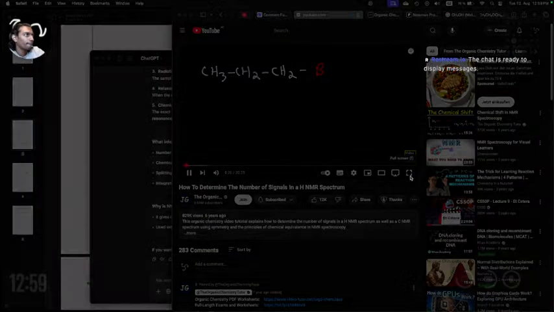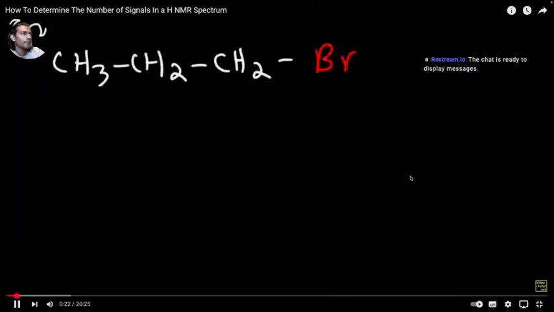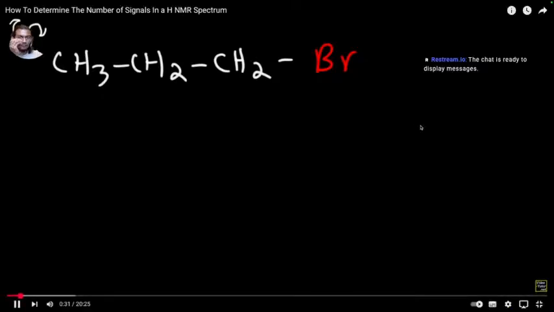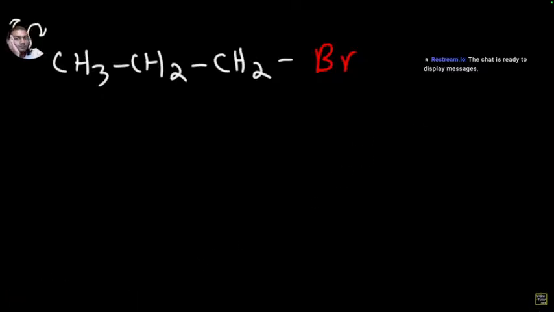How many signals would you expect in an H-NMR spectrum for this molecule? What we need to do is determine the number of different types of hydrogen atoms in this molecule. So let's consider the 3 hydrogen atoms in CH3. Will they show up as one signal, or as 3 separate signals?